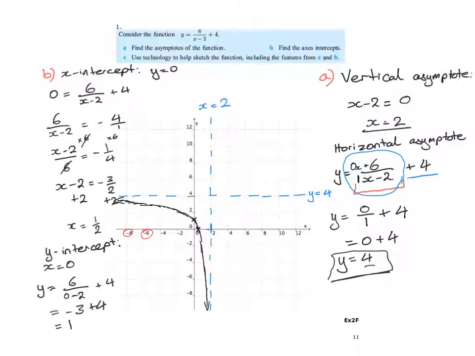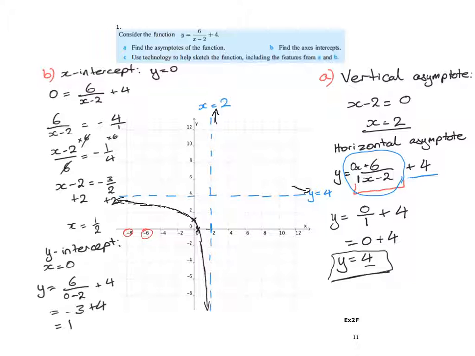However, you do need to have an understanding and be able to do it without your calculator, just in case it's a non-calculator test. Now, generally, this is symmetrical in the other quadrants, so we expect this one to be approaching infinity up here, positive infinity, and approaching 4 from above here.